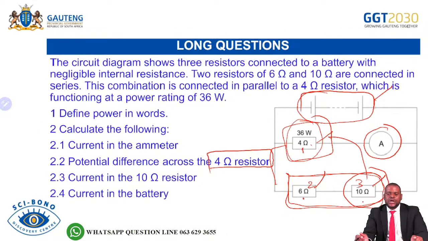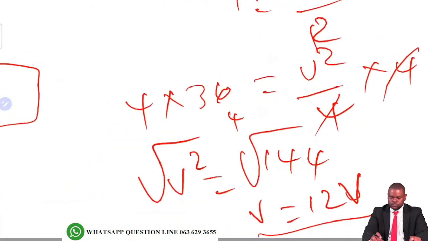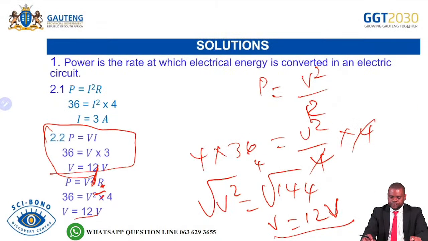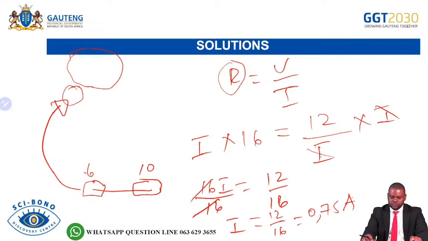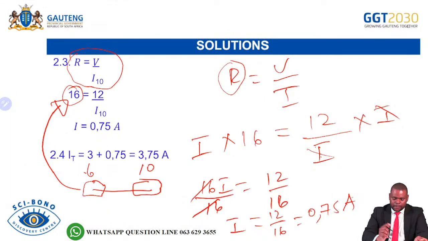And then lastly, the last question says, calculate the current in the battery. How do you calculate the current? You just take the total current that is in the circuit.